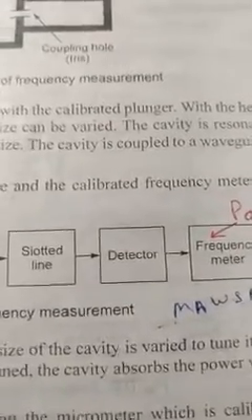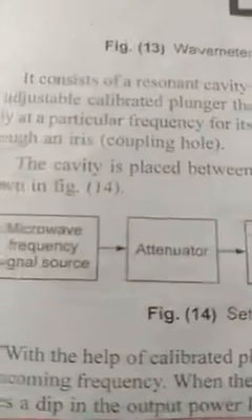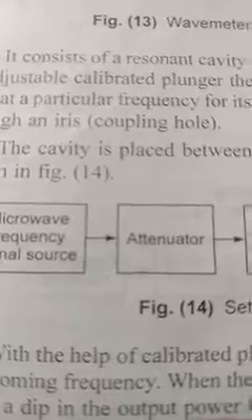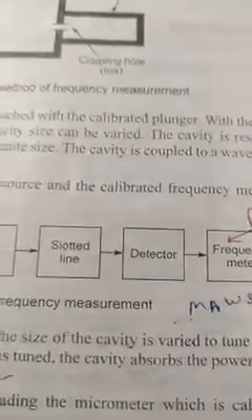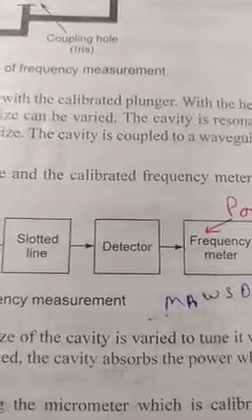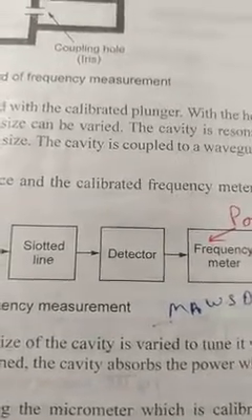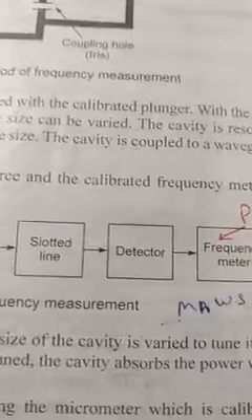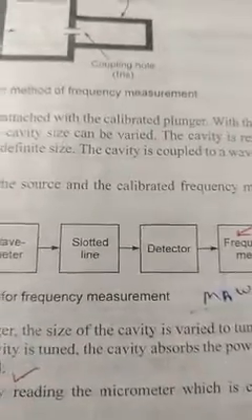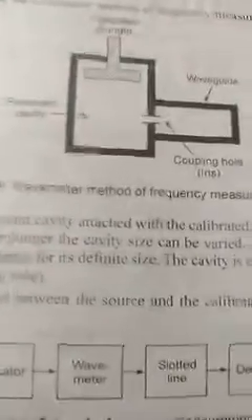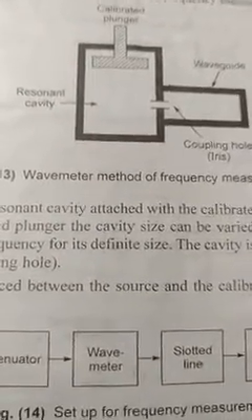Then only the frequency meter can read the value of the signal frequency, otherwise it will not read. So the best way is to watch a dip over the power meter or the VSWR meter, and then we can take a reading from the wave meter calibrated scale.